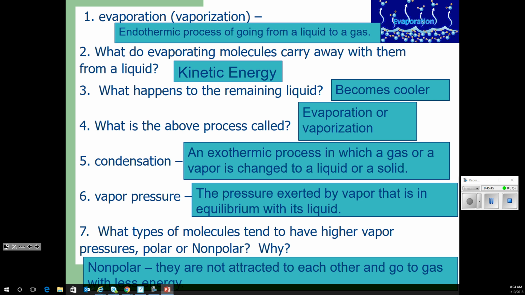It's nonpolar, because polar molecules will tend to stay in liquid and don't like to go to vapor very often. Nonpolar molecules aren't attracted to each other. If we remember our kinetic rules, the ideal gases are nonpolar, and because they're not attracted or repelled, they can go into vapor easier and get out of solid and liquid states.